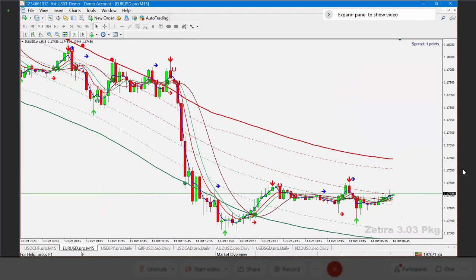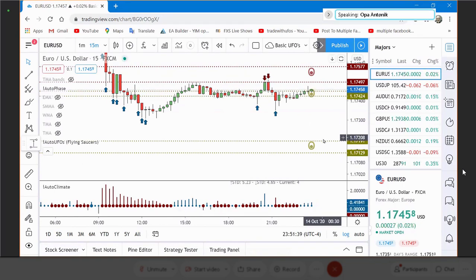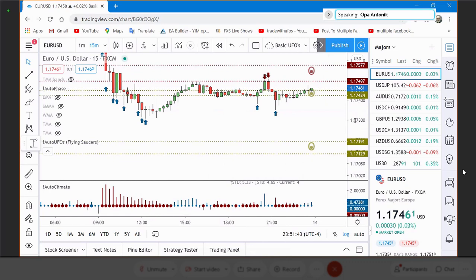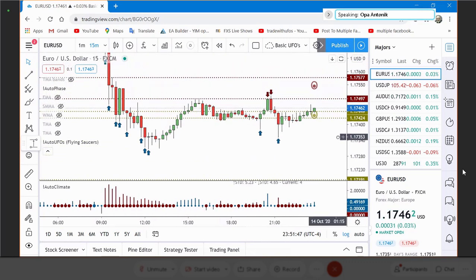Now, EURUSD 15-minute. Let's go ahead and also see what we're looking at here. Here is the TradingView chart. TradingView basically says that we're in a buy zone, right?